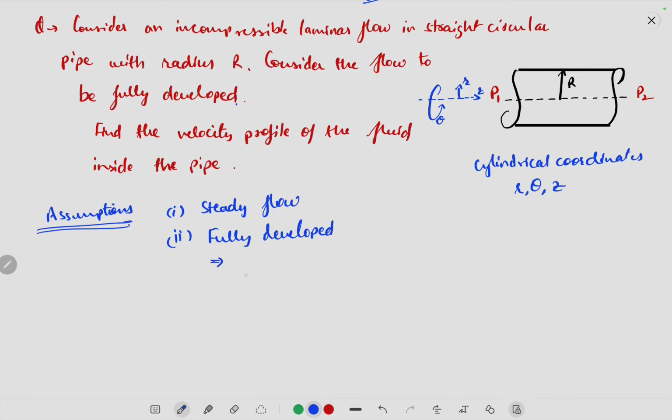This implies that along the flow in that direction, the dependence is not there.